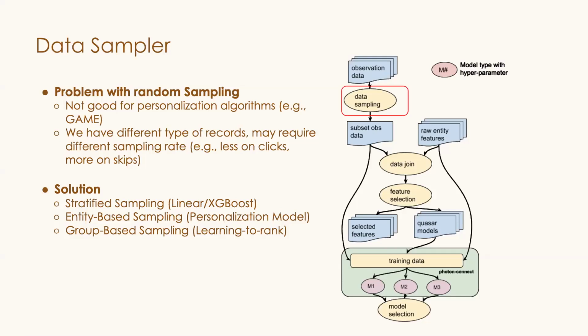And for a personalized model, a popular model within LinkedIn that we call GeoMix, we will need to use entity-based sampling to make sure that we can get indicative signals. And for learning to rank, typically we'll use group-based sampling, which is another type of stratified sampling.